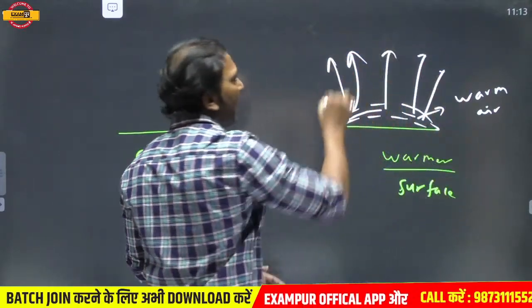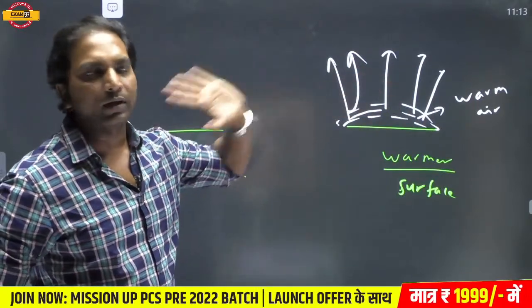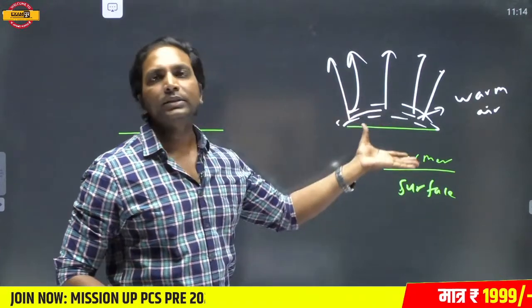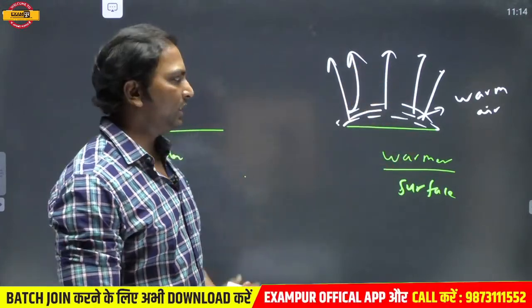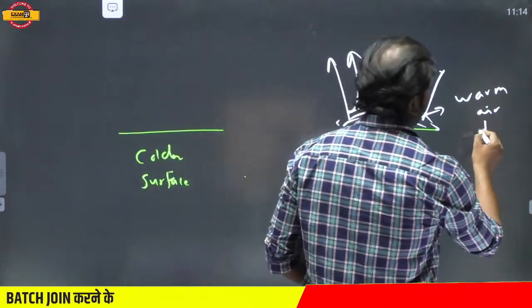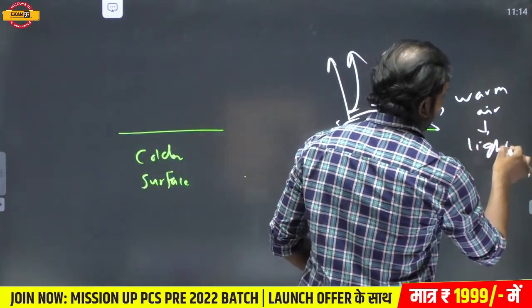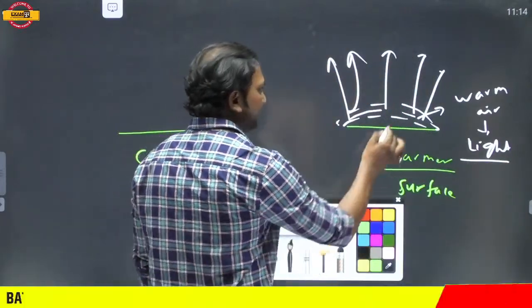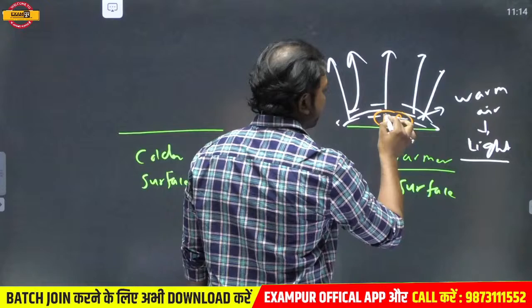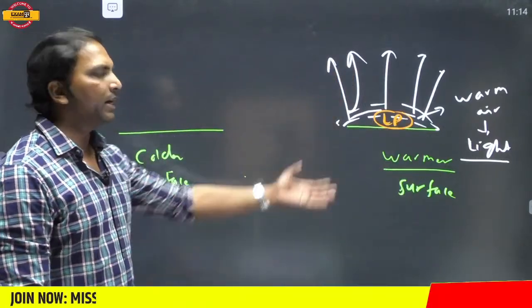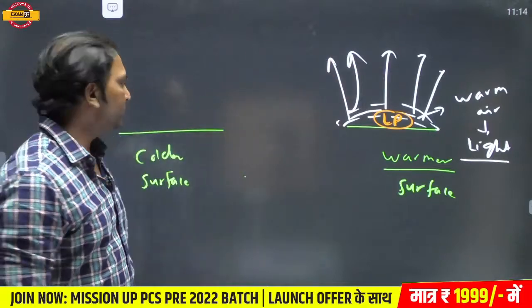Air is in an ascent mode, or air rises above the earth's surface, because it becomes heated or warm, and the warm air becomes light. It will move upwards, and so this will create a pressure, and that is the low pressure. It will create the low pressure here when the air rises above the earth's surface.